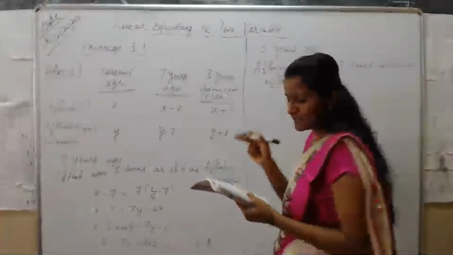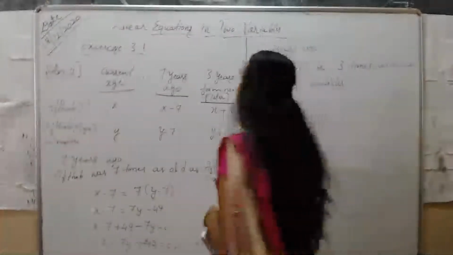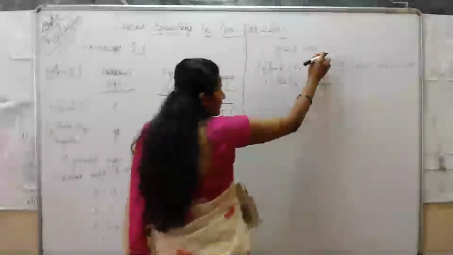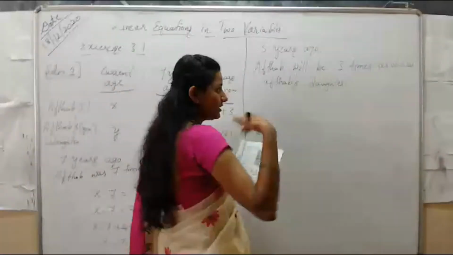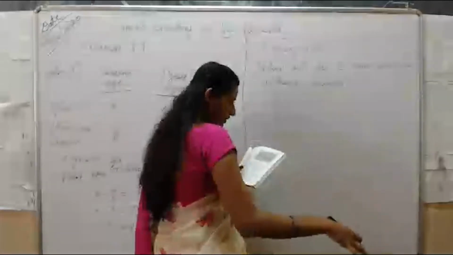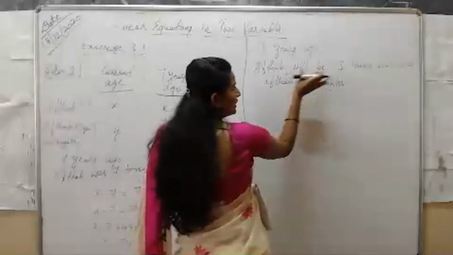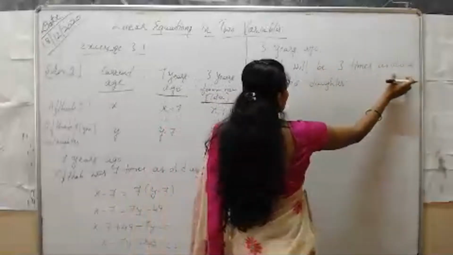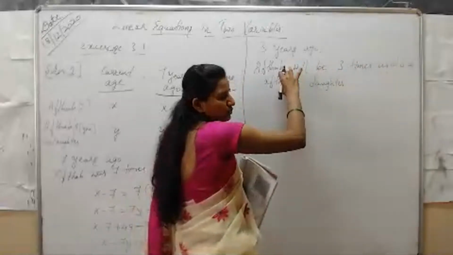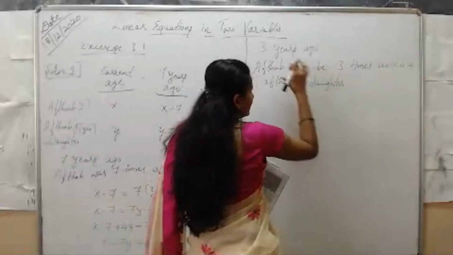Similarly, he tells another statement: 3 years from now, I will be 3 times as old as you will be. I means Aftab, you means who? Aftab's daughter.